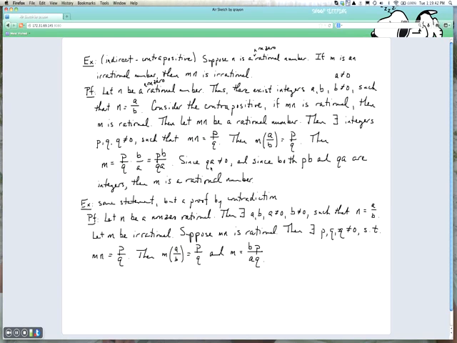And then you would have the same sentence that we used right here. Well, okay, since, and I guess I wrote them in a different order, but big deal. Since AQ is not 0, and these are integers, I'll kind of skip that. The important part is then M is rational, comma, a contradiction.